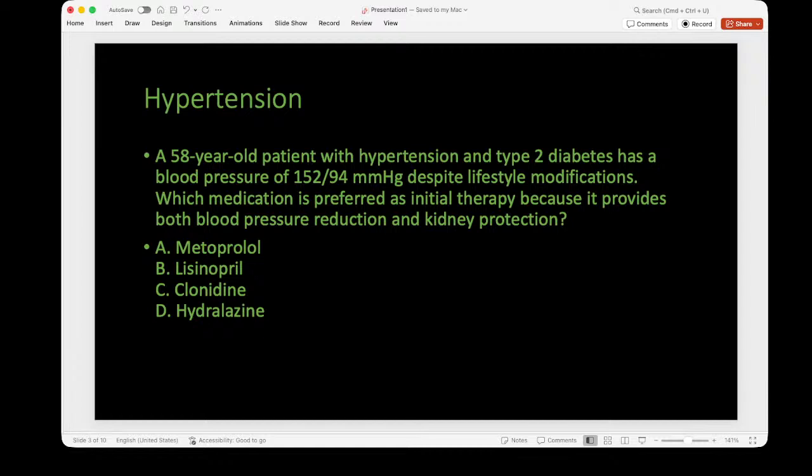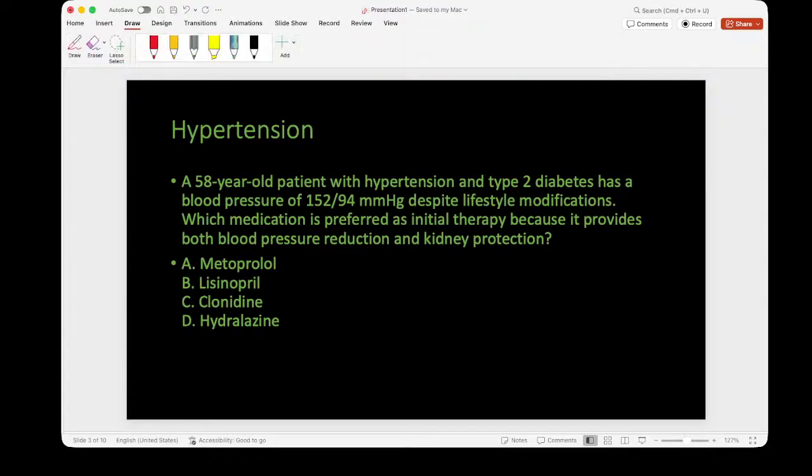And metoprolol, as I mentioned earlier, it's important to realize the classifications again. Metoprolol is essentially your beta 1 blocker group, okay?